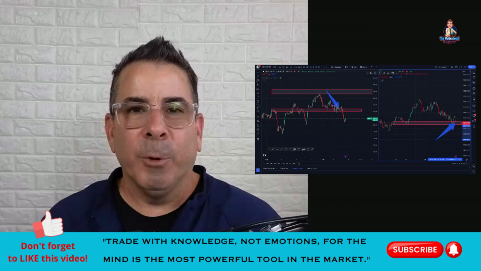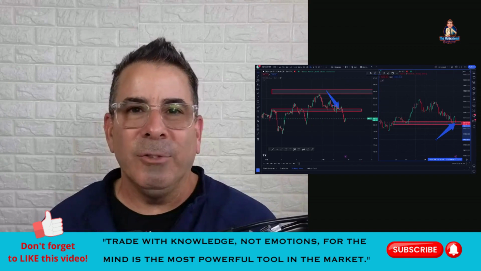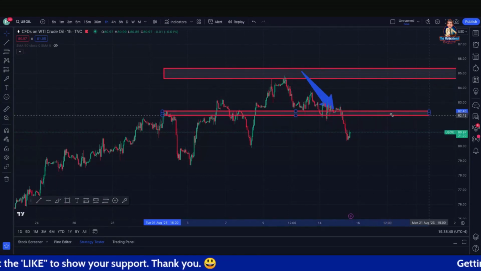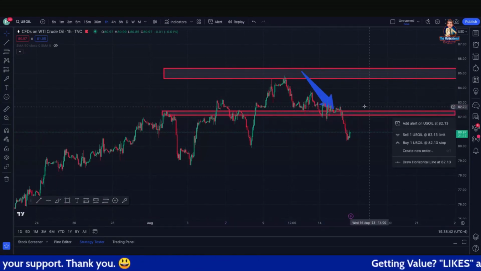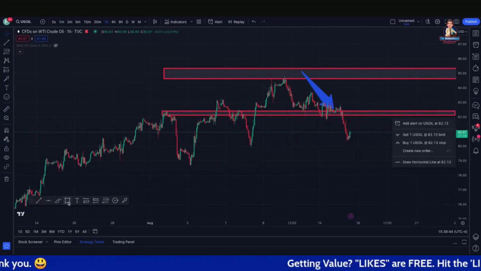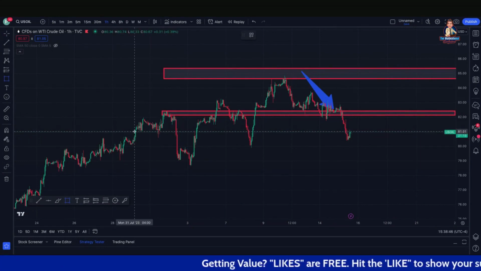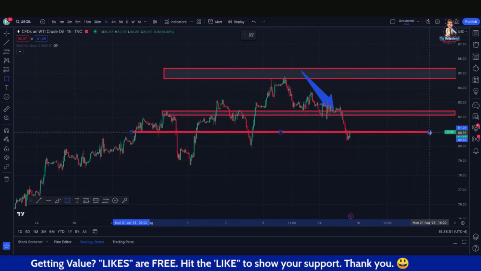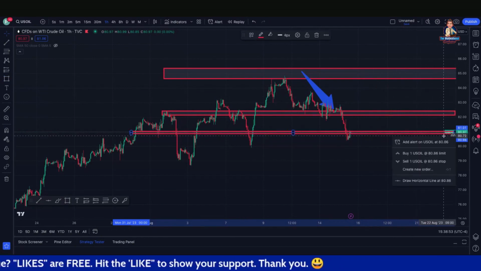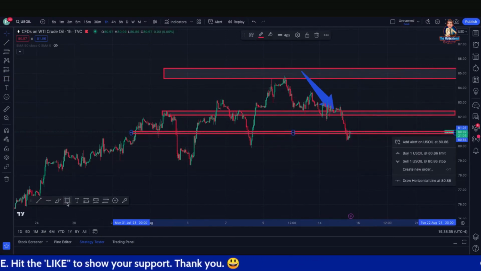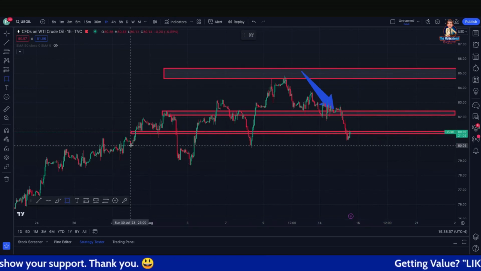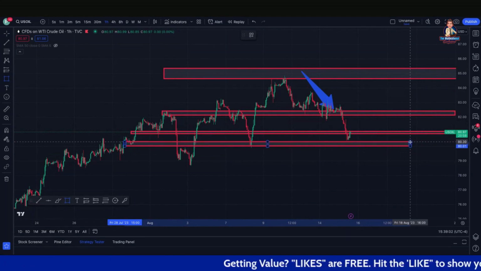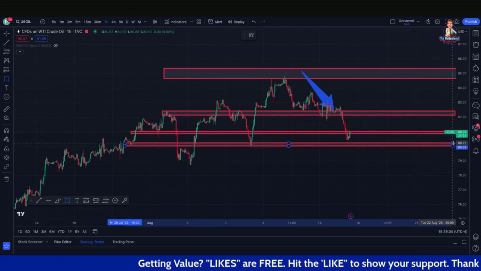Okay, so without further ado, let's jump right into the analysis. First we are going to start with crude oil. The first thing I want to do is mark up these zones real quick, because I want to be able to give you some intermediate zones. And that's where we are at right now with crude oil. Let's mark this intermediate zone right in here because of what we see there.